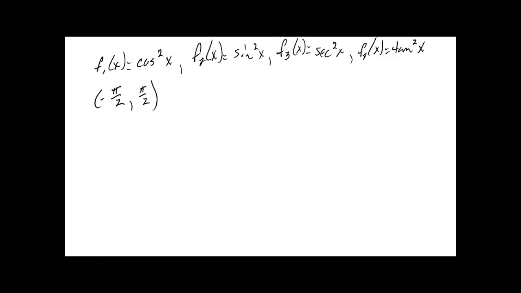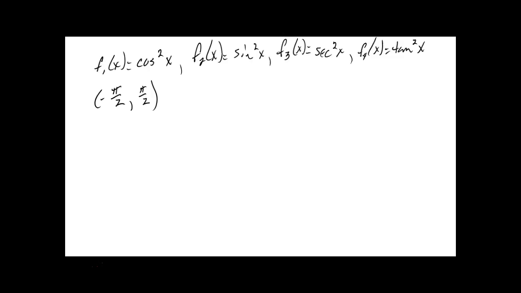Any between, but not the endpoints. Any reason why they did that? Tangent and secant are not defined at pi halves or negative pi halves. Vertical asymptotes there on both of them. So you couldn't include that.